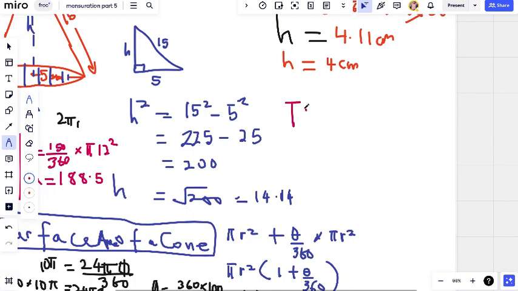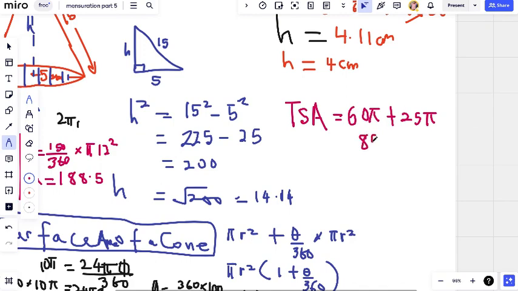TSA means total surface area. The total surface area is equal to 60 pi plus the area of the circular base, which is 25 pi. So altogether we get 85 pi.